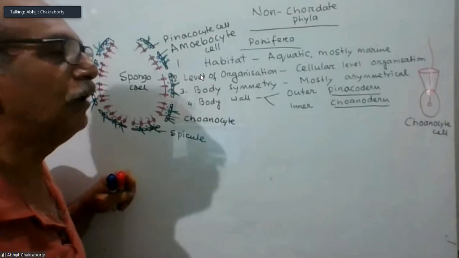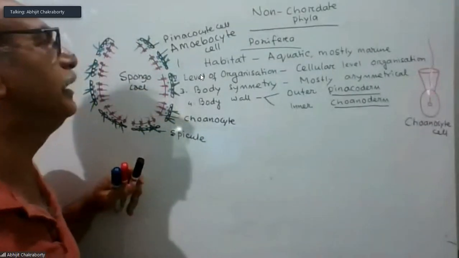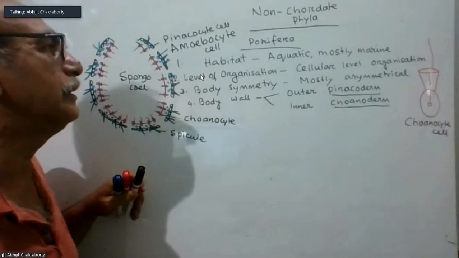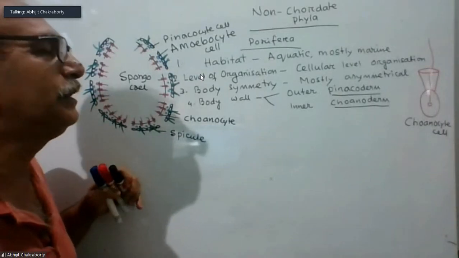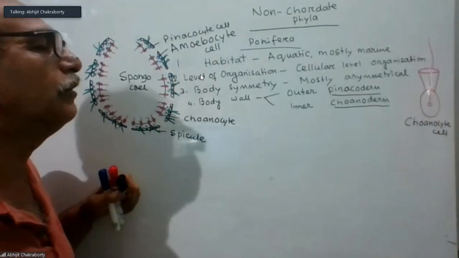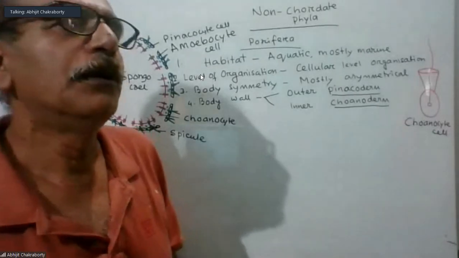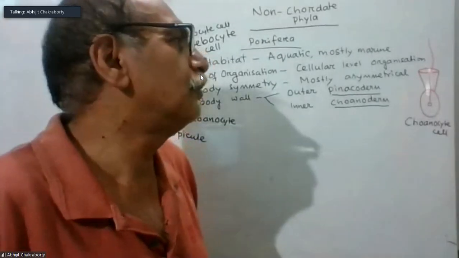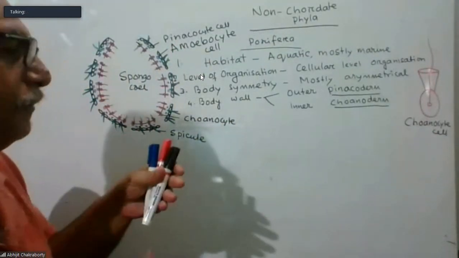So in the body wall, in the pinacoderm, you will get the pinacocyte cell. Some archaeocyte cells may be found in both pinacoderm and choanoderm. The specialized cells found in the choanoderm are the choanocyte cells. This is the cavity called spongocoel.